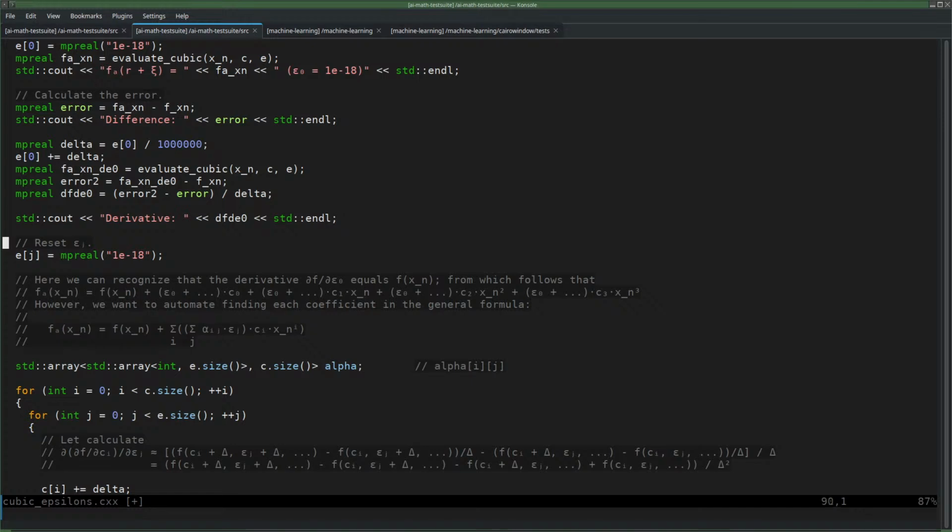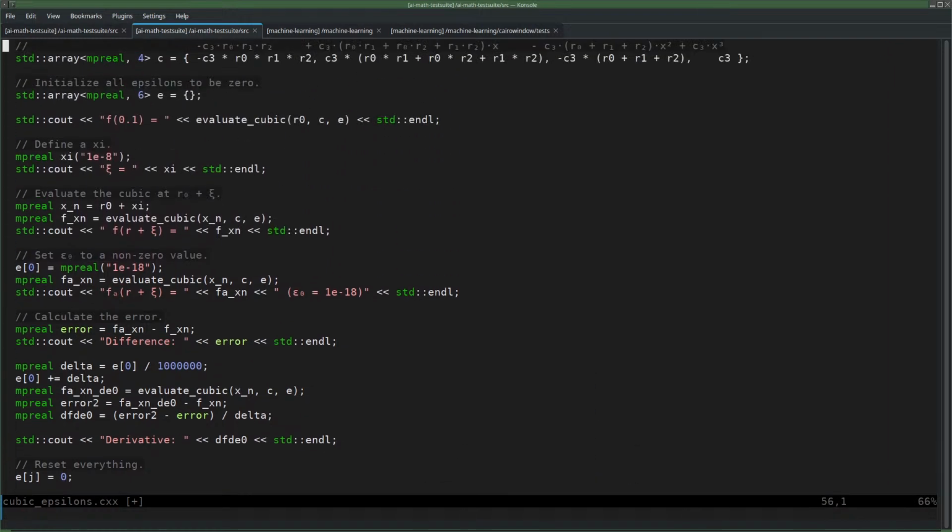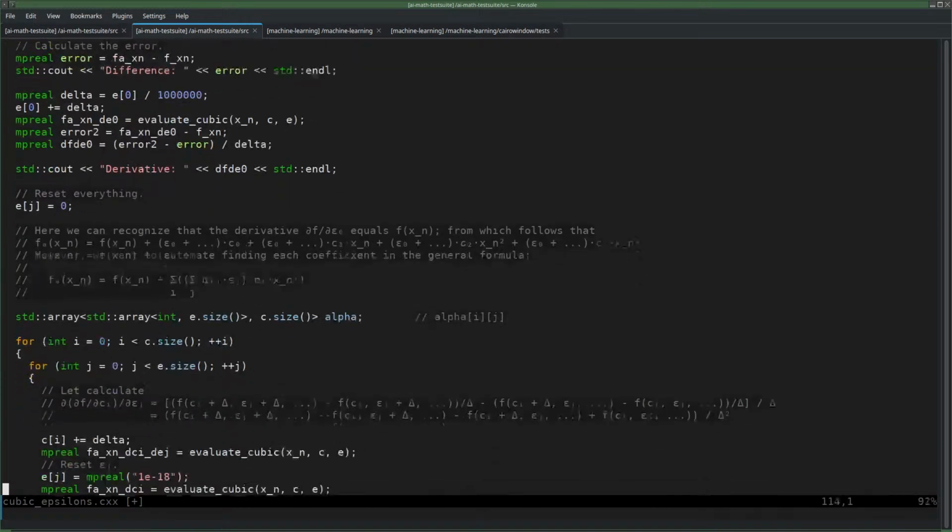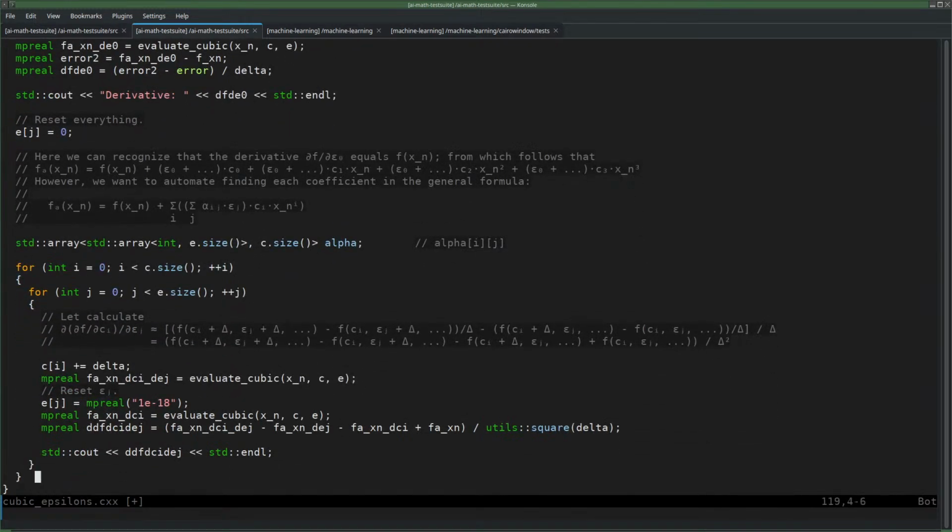I have to override everything. Reset everything. I'm just gonna set it to 0. So everything was 0. So now the whole E array is again 0. And I don't think I have touched the coefficients yet, so we're fine now. And then we enter the loop.